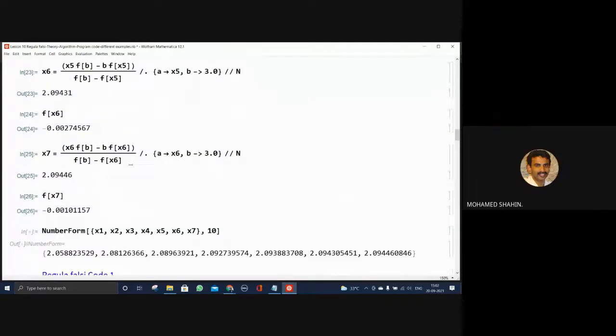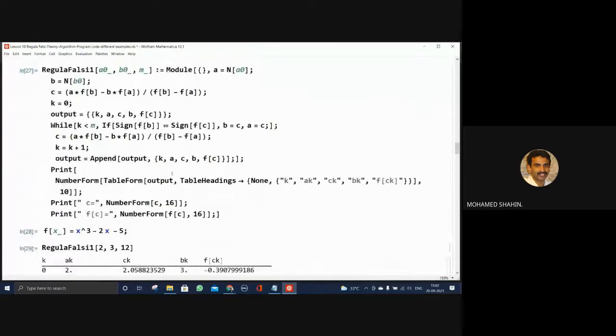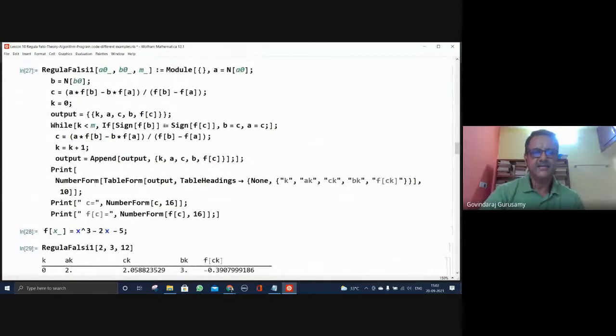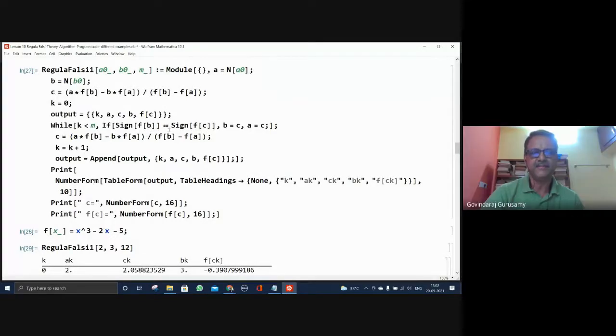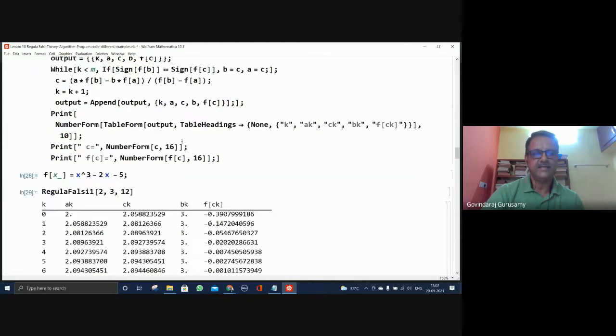Because of this sign change, let's see here. Sign of F of C. That takes care of that. That's why you see B equal to C, A equal to C, and then you have this sign of F of B equal to sign of F of C. With this change of signs, it takes care of it.